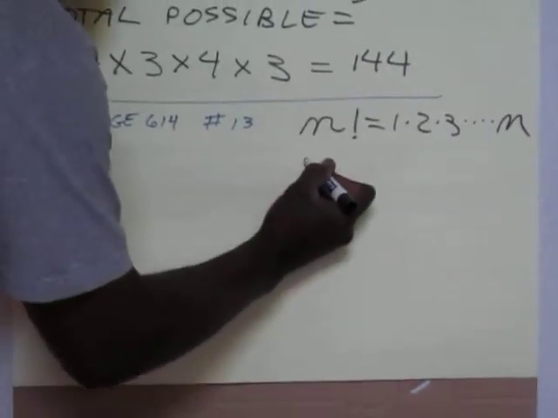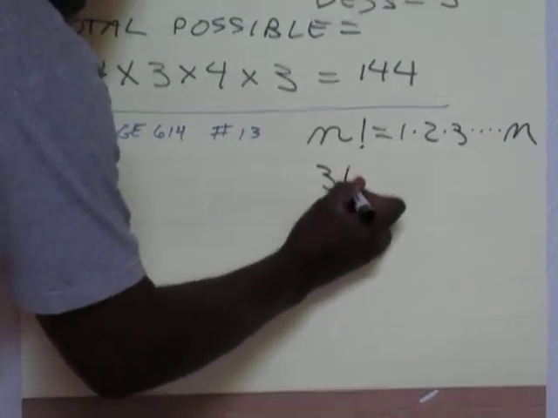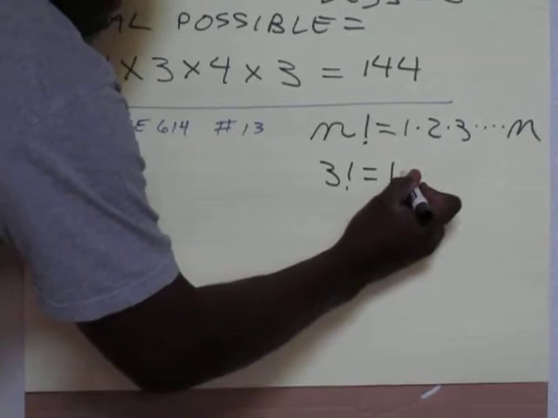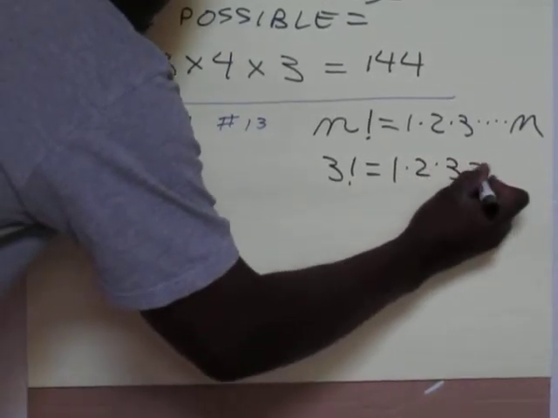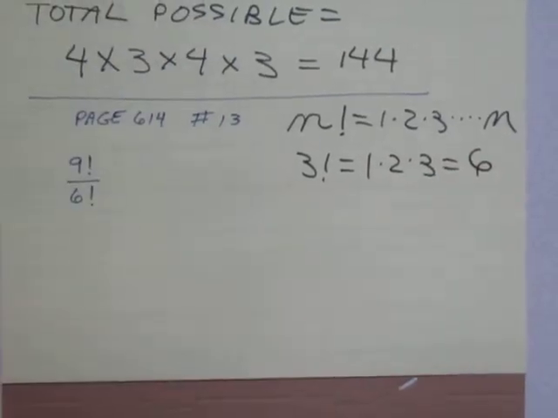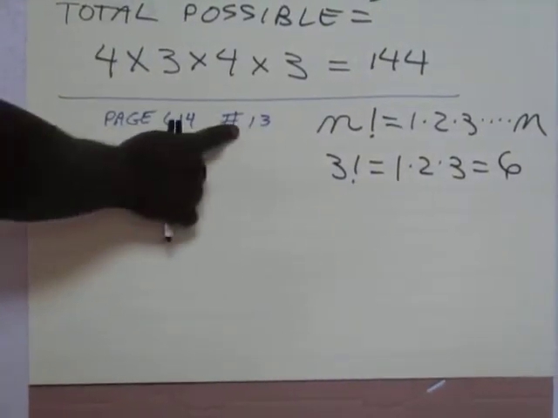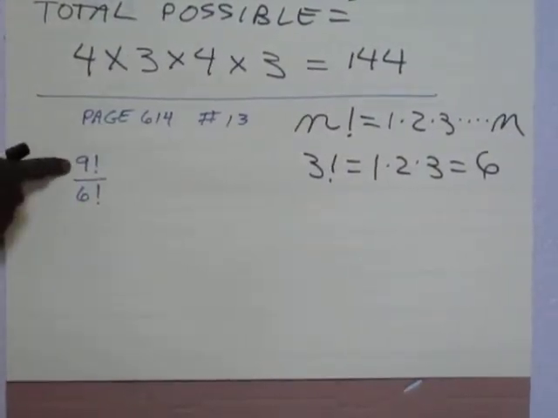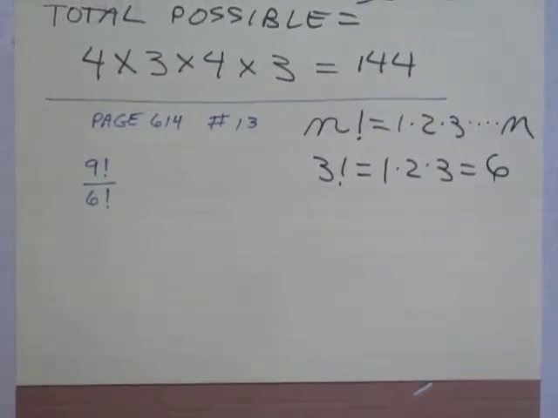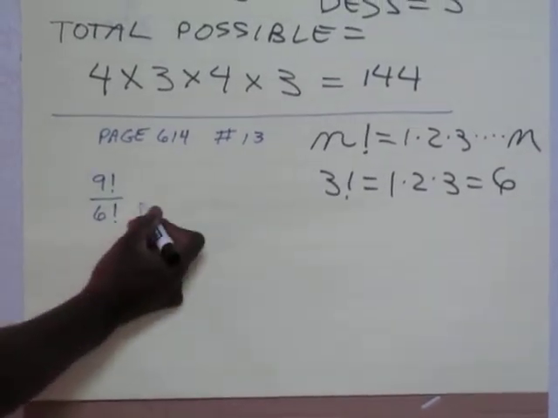For example, 3 factorial means 1 times 2 times 3, which is 6. The problem on page 614, number 13, is 9 factorial divided by 6 factorial.